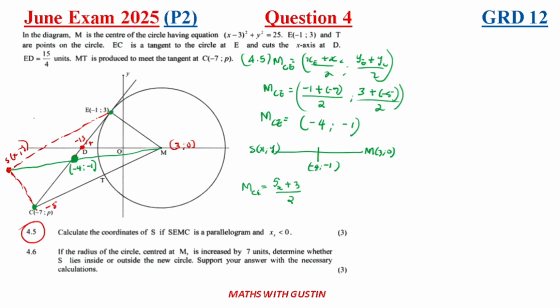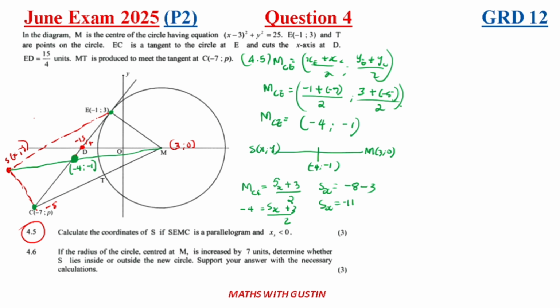But you already have the midpoint here, which is negative 4 equals S plus 3 divided by 2. So multiply by 2, that is going to give us negative 8. So you're going to have SX equals negative 8 minus 3. SX is equal to negative 11.